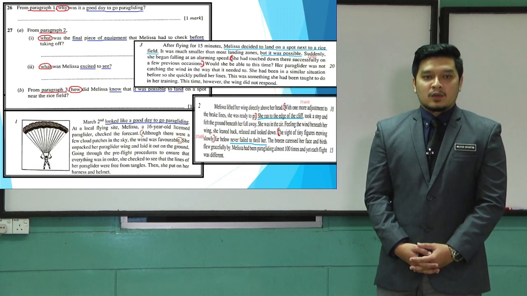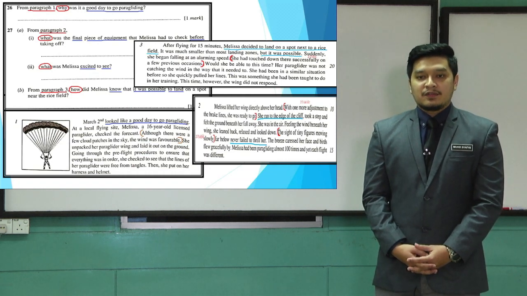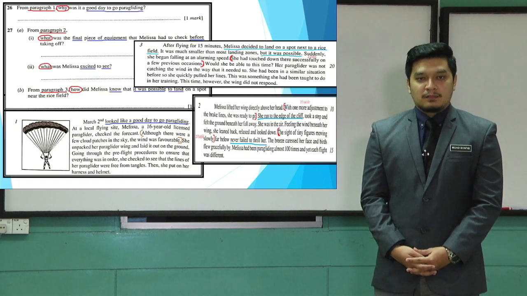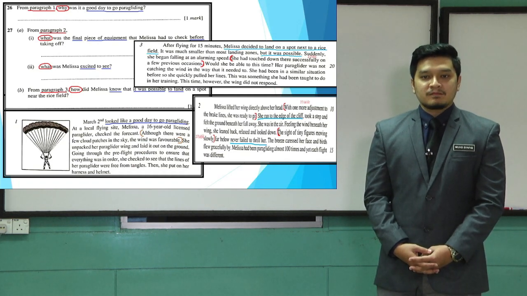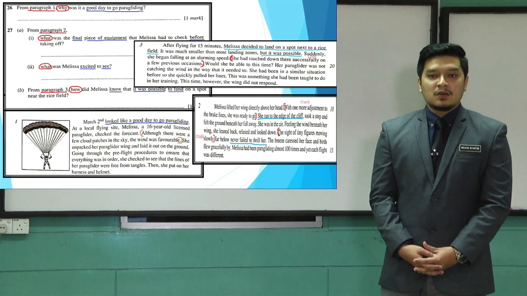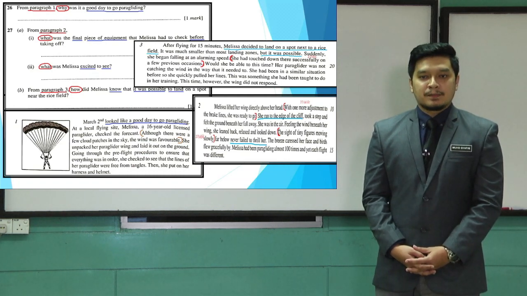So the question was, what was the final piece of equipment? So we have to look for the equipment that she checked before she took off. Alright. So let's have a look at lines 1 and 2 in paragraph 2. Melissa lifted her wing directly above her head. There is nothing there related to the equipment or gears.